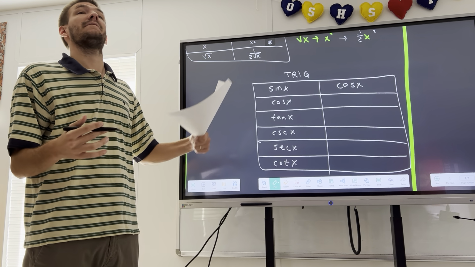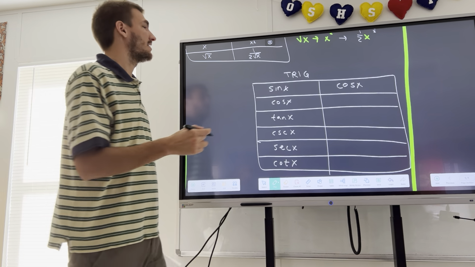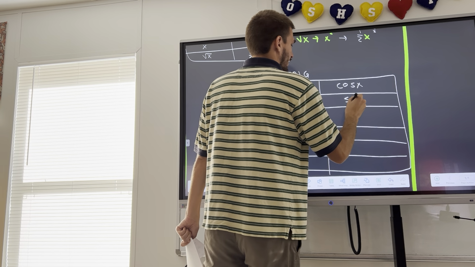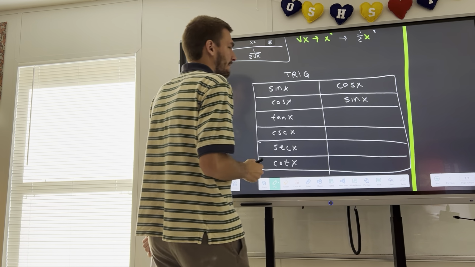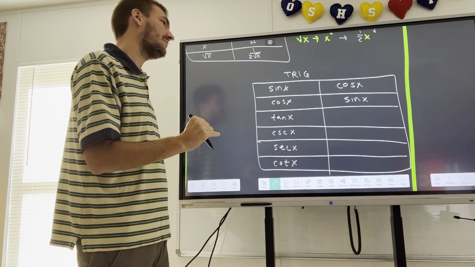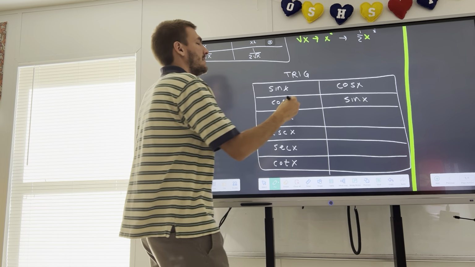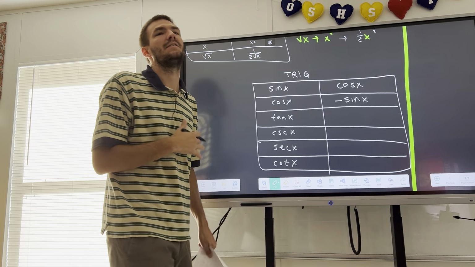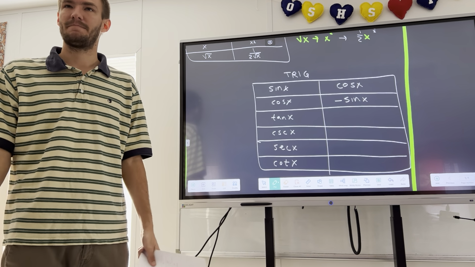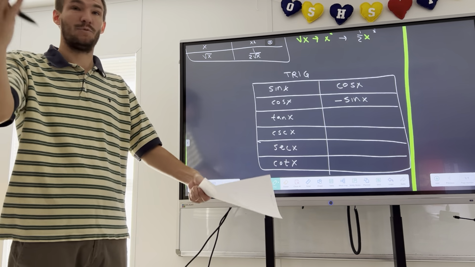What do you think the derivative of cosine is? Sine. Except for every trig function that is a co-something, the derivative becomes negative. So we can go ahead here.